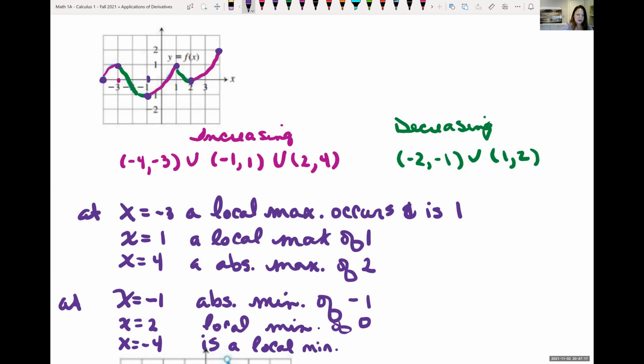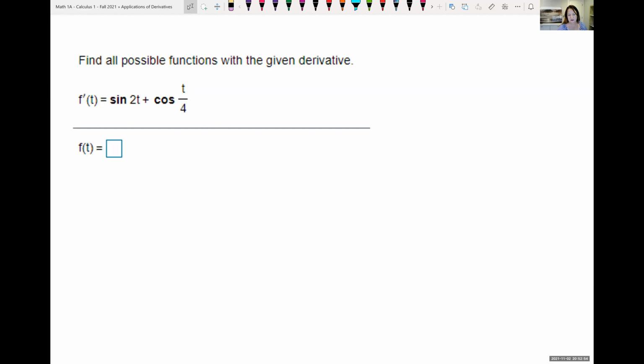Looking at a graph, you should be able to tell where it's increasing, decreasing, and where local max, local mins, and absolute max and absolute mins occur. Okay, so that was the end of that section. Let me stop the video and put up a video of homework problems.